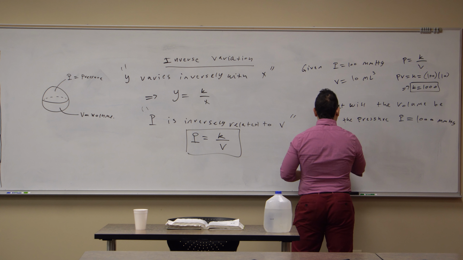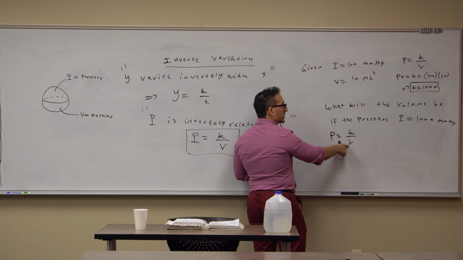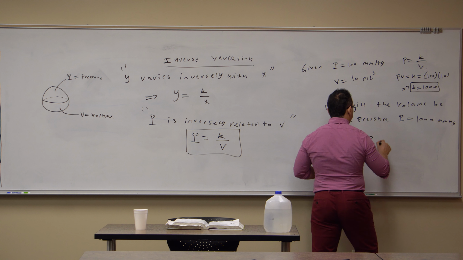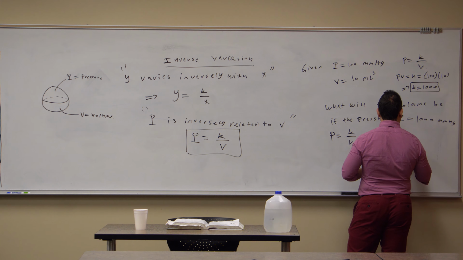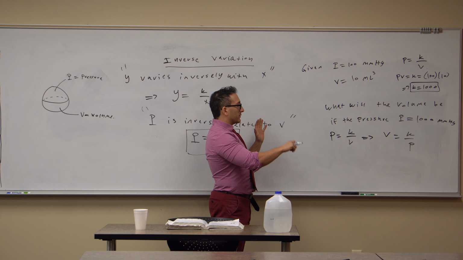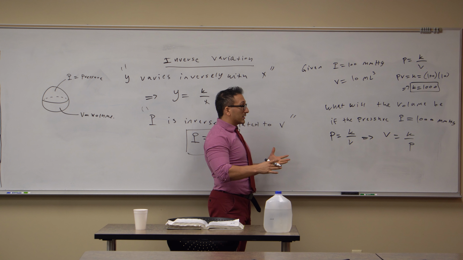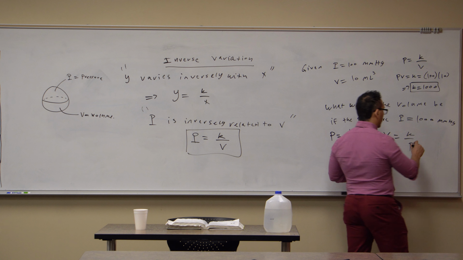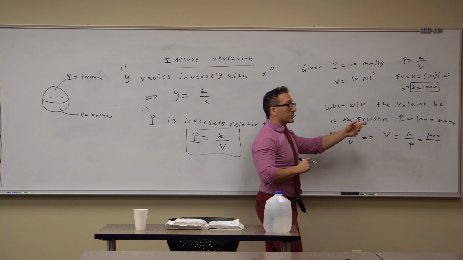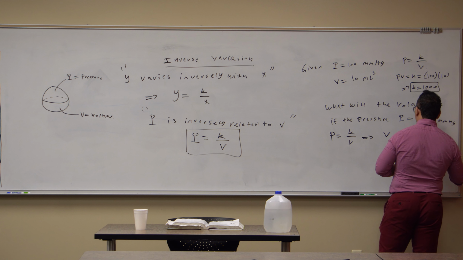So again, P is still K over V. And now I hope to find V. So I'll solve for V. I'll multiply both sides by V and then divide by P. So I get V is equal to K over P. Then I stick in 1,000 for K, and I'll stick in 1,000 for the pressure P, meaning the volume equals 1.